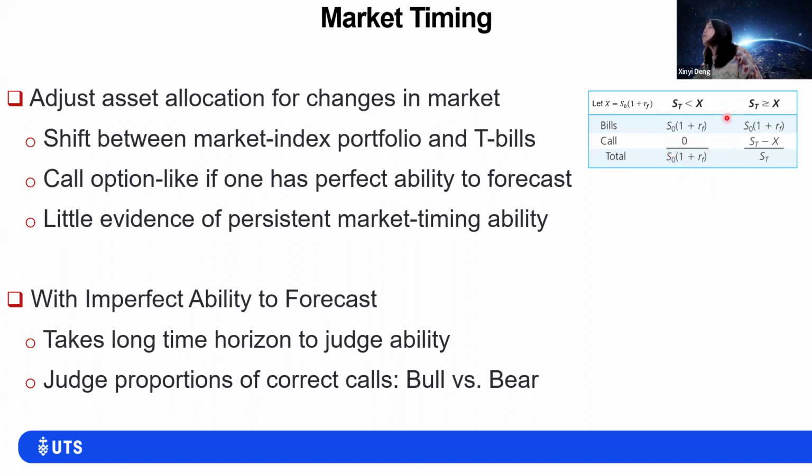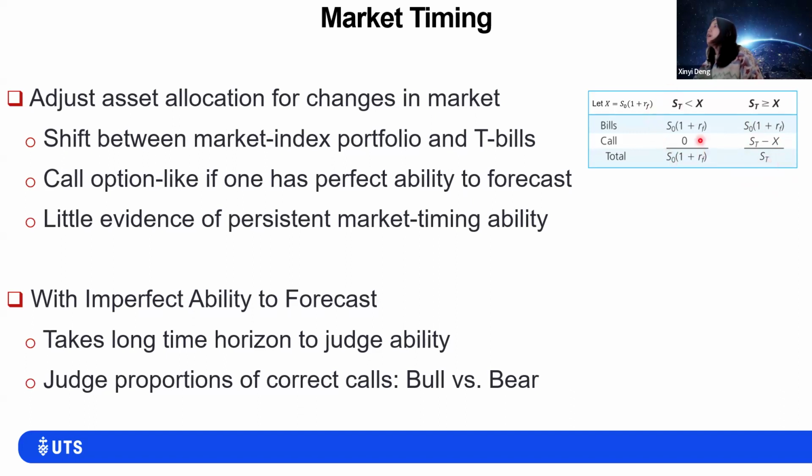In the second scenario, where ST is greater than or equal to X, it's now profitable to hold the market index portfolio. So in this case, his payoff at the end of each year would be ST, which is just the value of the market index portfolio at the end of each year. That's the payoff of the manager with perfect market timing ability.